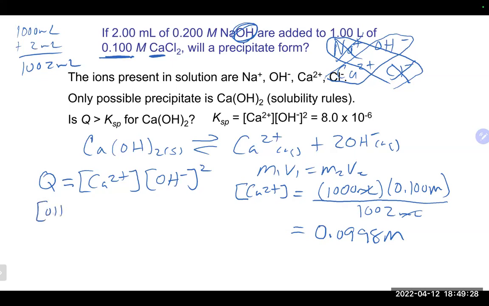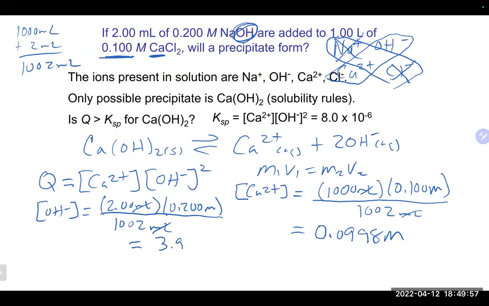So for our hydroxide here, it would be our volume of hydroxide, which is 2 milliliters times our molarity of it, divided by the same total volume here, which is 1,002 milliliters. Our milliliters are going to cancel, giving us 2 times 0.2 divided by 1,002. It feels like a lot of 2's in that sentence. That is going to give us, I'll take it to a few digits, 3.99 times 10 to the minus 4 molar. Any questions on how we got both of those there?